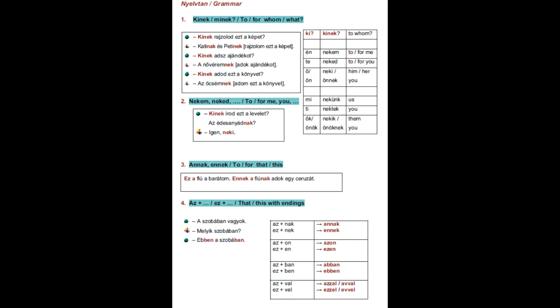So Kati has the A, the O, betű, Katinak, right? That's why we don't say Katinek. We say Katinak. Now, how is that different than Peti? Well, Peti starts with an E betű, right? The E betű. So we don't say Petinak, we say Petinek.